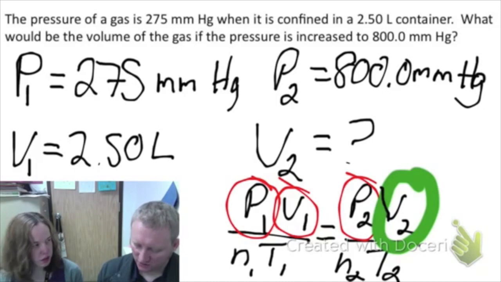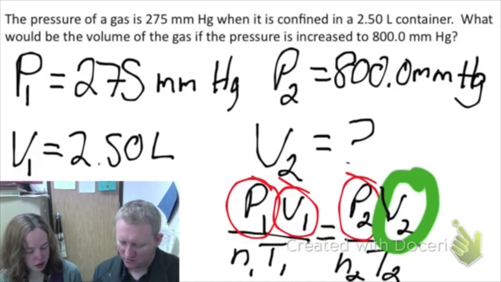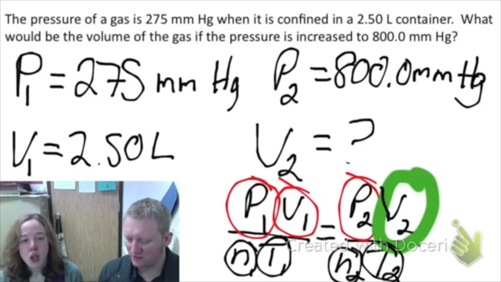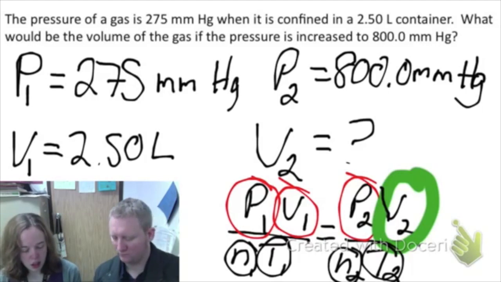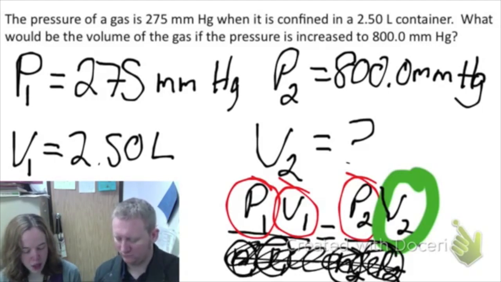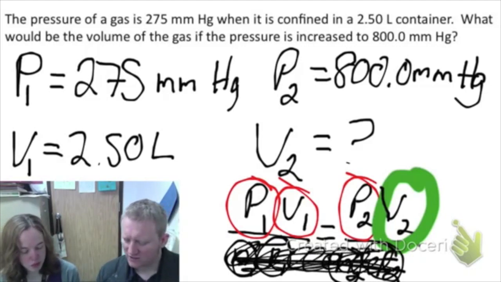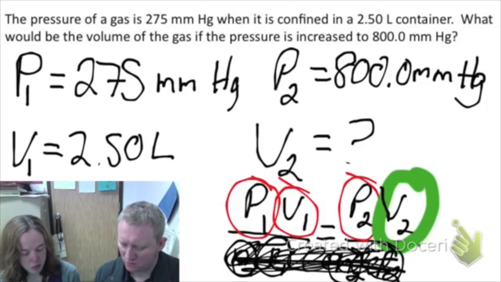So what never shows up? We did not include N1 or N2, nor did we include the T's, T1 or T2. So if it never mentions it or it tells you it's constant, you can cross it out of your equation. So let's cross out all of the bottom. We don't care because it never came up. So what does that really leave us for doing our math? Well, that just leaves P1 V1 equals P2 V2.